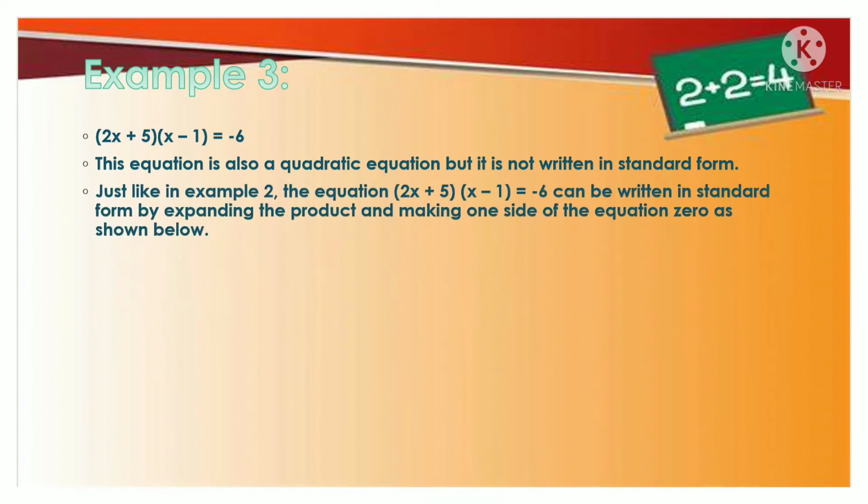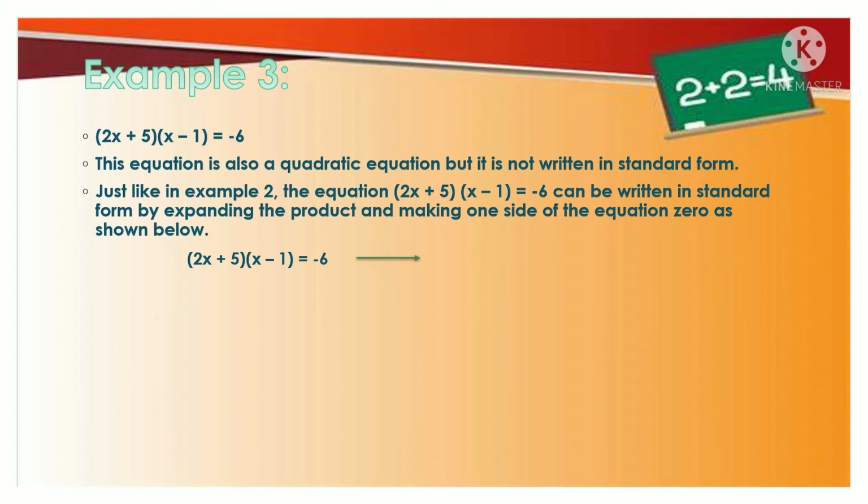Just like in example number 2, the equation can be written in standard form by expanding the product and making one side of the equation 0 as shown below. Again, our equation is the quantity of 2x plus 5 times the quantity of x minus 1 equals negative 6.